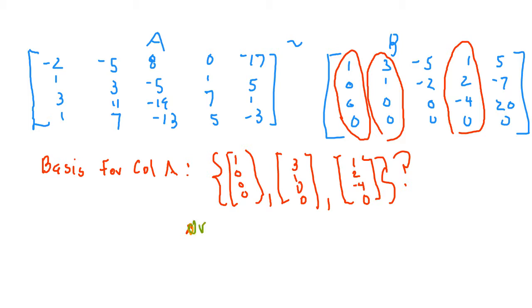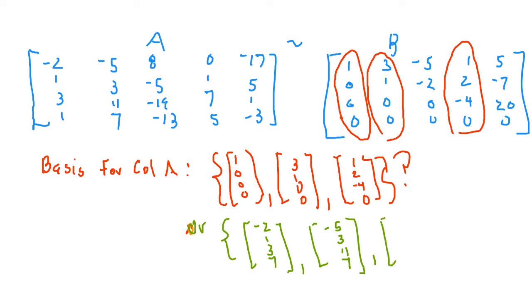Or is the basis for the column space of A these 3 vectors?